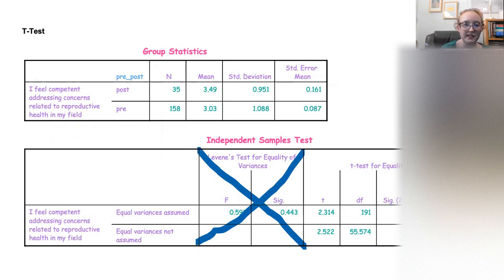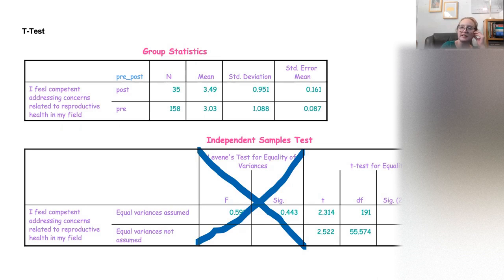So the Levene's test for equality of variances, for the type of projects you guys did, and for most types of projects, this is something you could completely ignore. It has to do with if one group was way more random than the other group. And even then, not everybody takes that into account. It shifts the statistics just a little bit if that's true.